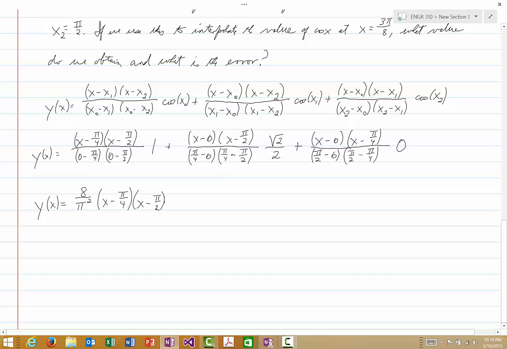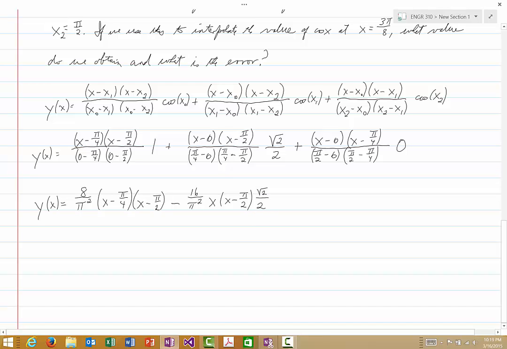And then for the second term, we're going to get minus pi over 4 here and a positive pi over 4 here. So we get minus pi squared over 16. And that's in the denominator, so we'll get minus 16 over pi squared times x minus pi over 2 times the square root of 2 over 2.